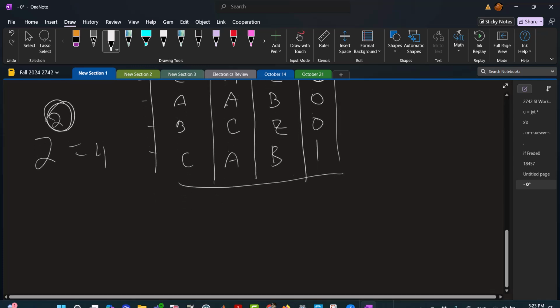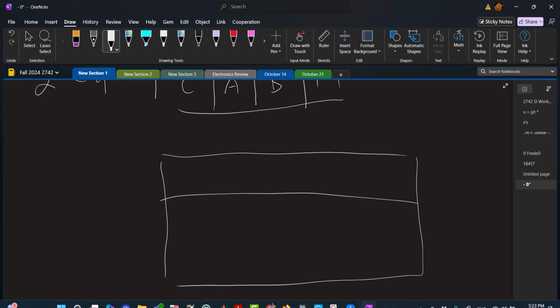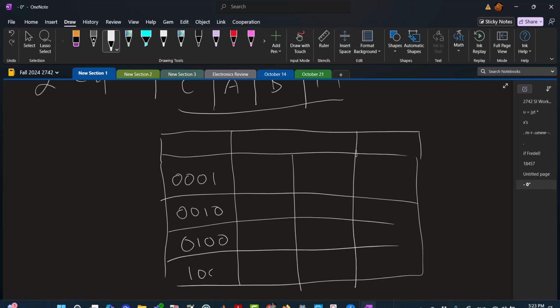But one-hot encoding means we are going to use 4. One-hot encoding means that in each state exactly 1 bit is hot. So this would be 0, 0, 0, 1, 0, 0, 1, 0, 0, 1, 0, 0, and 1, 0, 0, 0.